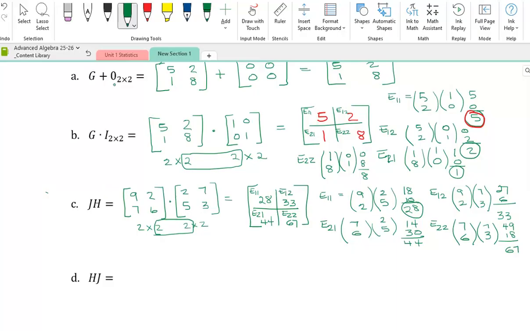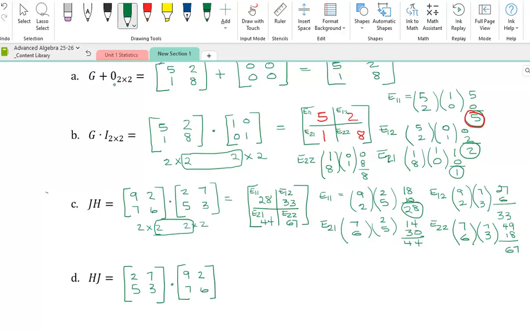Now, the answer to D. Let's see what happens when I multiply them in the opposite order. Let's see how much order really matters. So I'm going to put H first. H is 2, 5, 7, 3 times J, which is 9, 7, 2, 6.